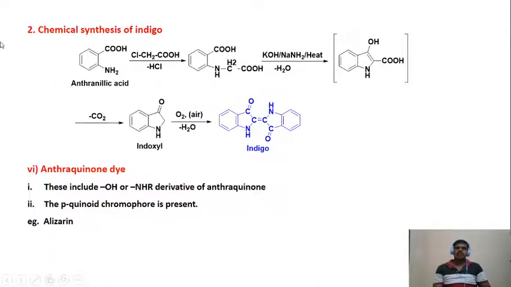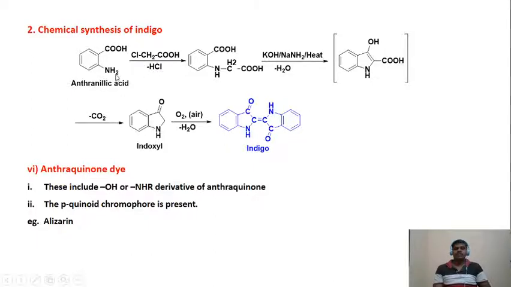Next, this is the natural synthesis. Now the chemical synthesis. Anthranilic acid. This is 2-amino-benzoic acid, or anthranilic acid, 2-carboxyaniline. Anthranilic acid reacts with Cl, CH2, COOH.